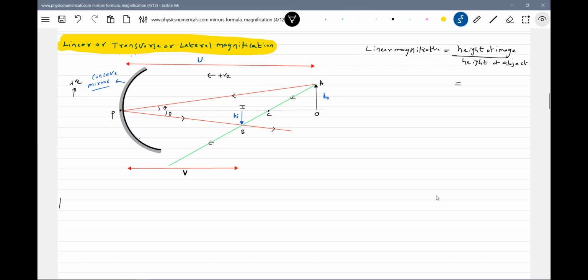This is a convention because this is a principal axis. Any distance measured above the principal axis should be positive. Any distance measured in the direction of the incident ray should be positive, and all distances I should measure from the pole. So the height of the object will be plus HO, the height of the image will be HI, and the symbol for magnification will be small m.